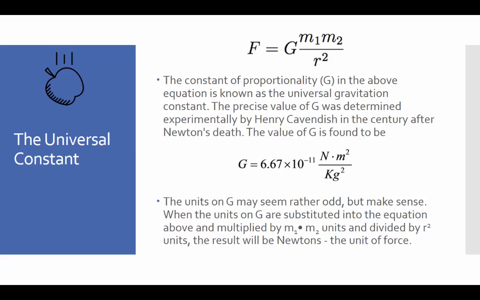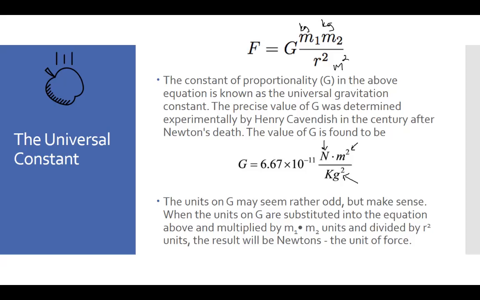Now look at the units. This ends up being important. So when we take a look at these units, notice that we have Newton, there's a unit. We have m squared for distance, and we have kilograms squared. Now this should make some sense because again, we're looking at kilograms and meters squared.